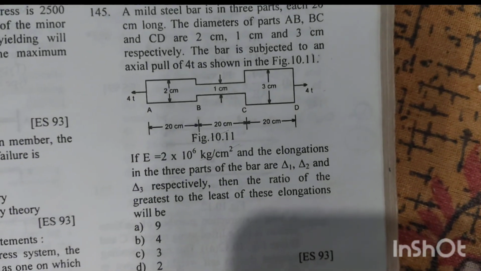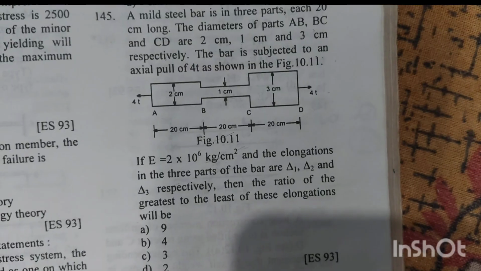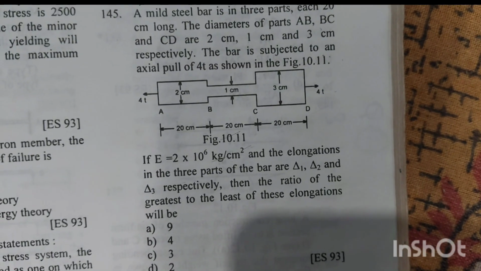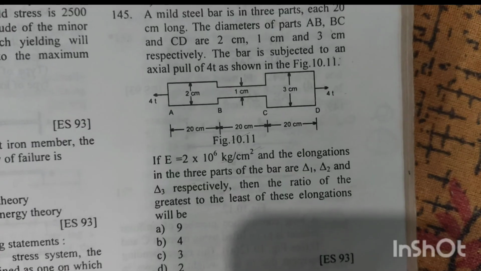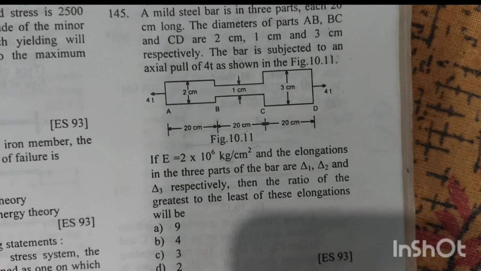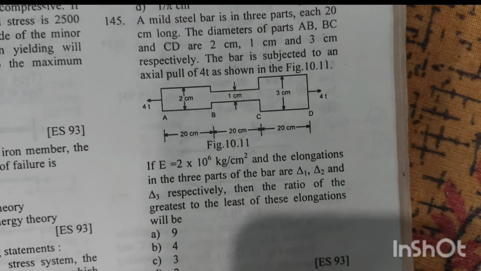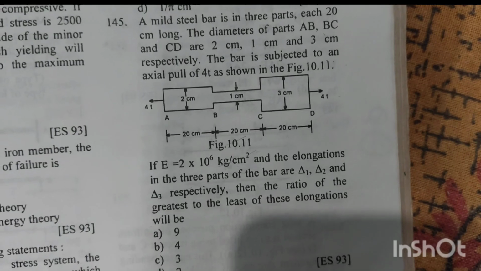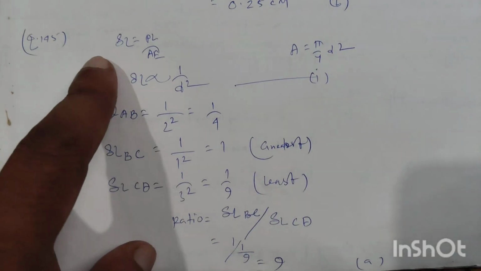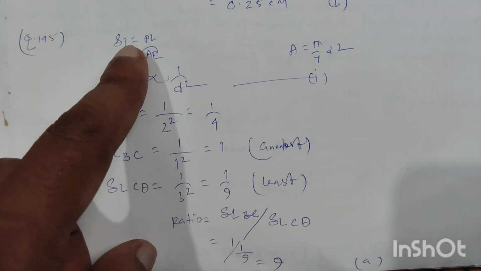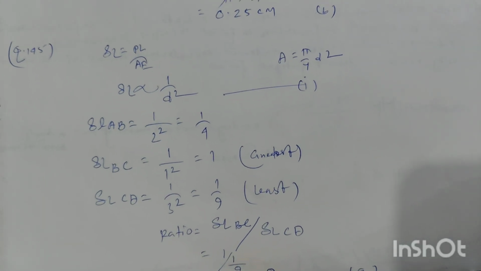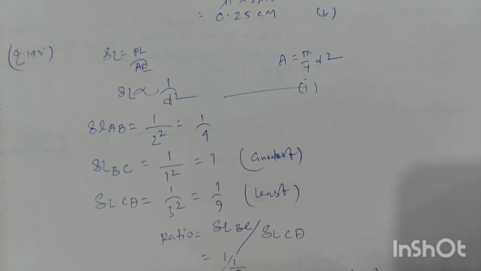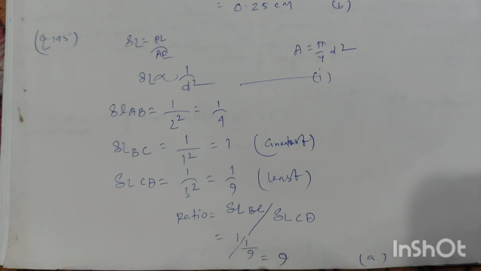If modulus of elasticity E equals 2 into 10 to the power 6 kg per centimeter square, and the elongations in the 3 parts of the bar are del 1, del 2 and del 3 respectively, the ratio of greatest to the least of these elongations will be, the formula for elongation del L is equal to PL by AE. P is the load, L is the length of the member, A is the cross-sectional area of the member, and E is the modulus of elasticity of the member.